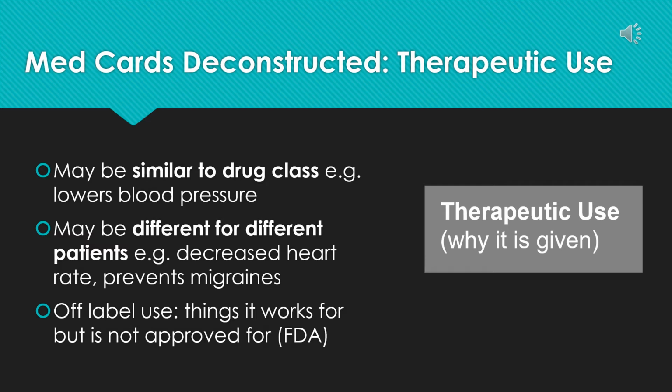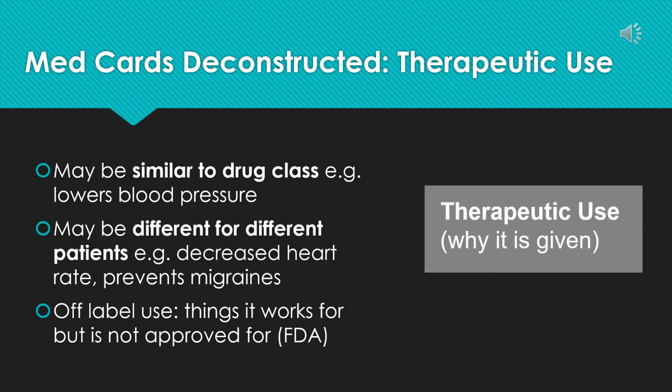The beta blocker, we gave it for hypertension or to protect the cardiac muscle, and we realized in people who had migraines, it took their migraines away. People who took ACE inhibitors for blood pressure, as it turns out, those protect the kidney, and so sometimes they will give those for people who have renal failure.